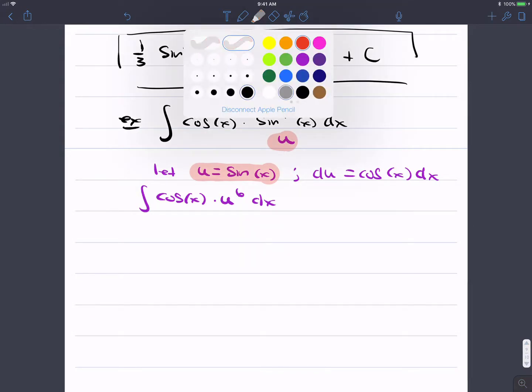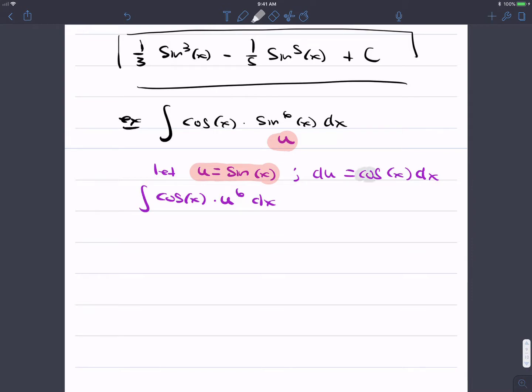Let's notice that cosine x dx is du. So I have a cosine x and I have a dx. So my integral will become u to the 6 du.